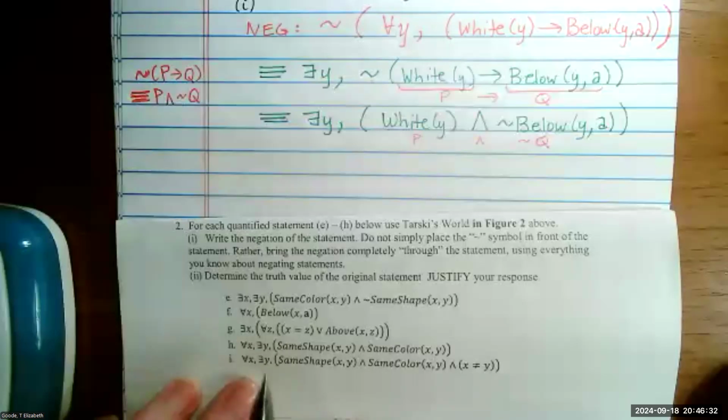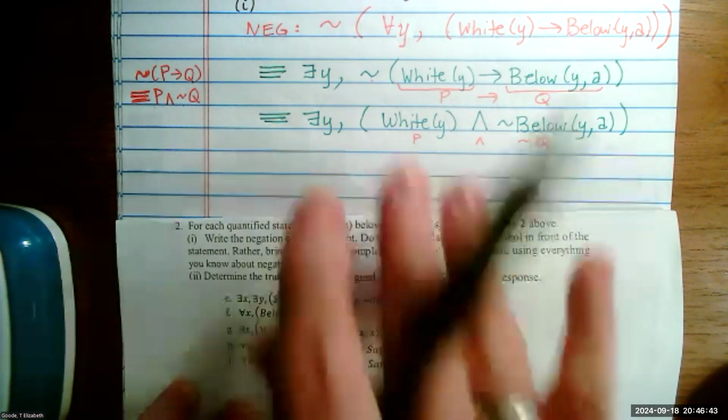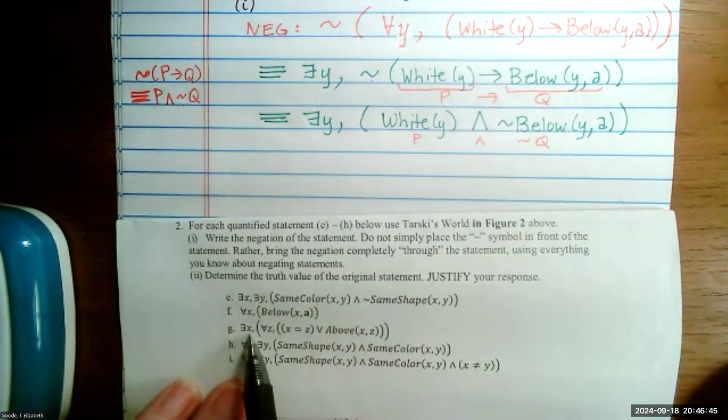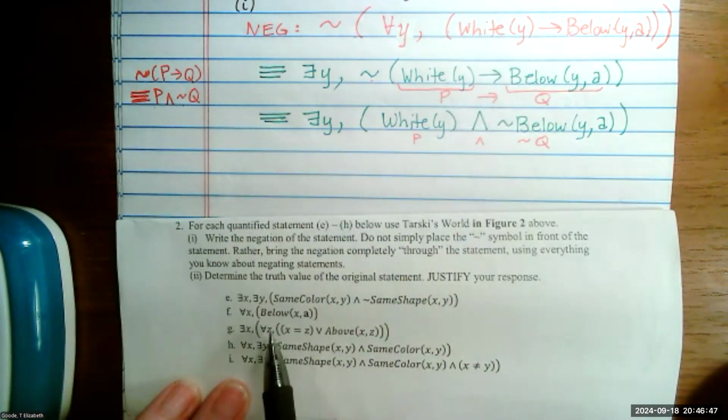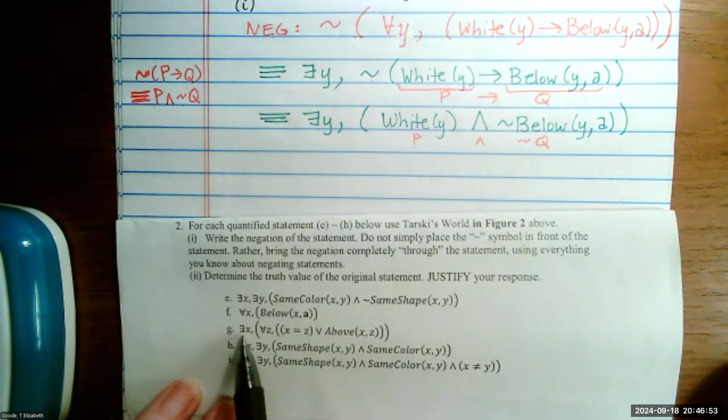I have a question about G. I was confused about that. Okay, how would G be read formally? There exists an x such that for all z, x equals z or above x z.